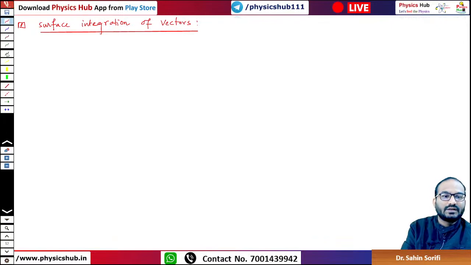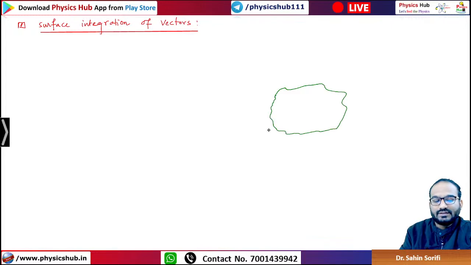Surface integration of vectors. Previously we defined the line integral over some curve or line. For surface integration we will consider a surface. Obviously the surface integral will be defined over a surface.